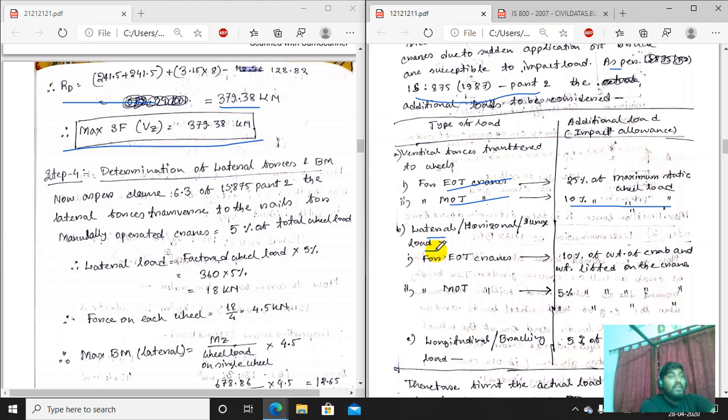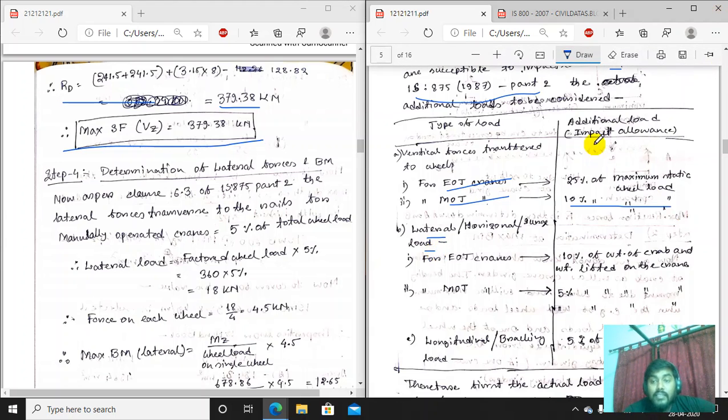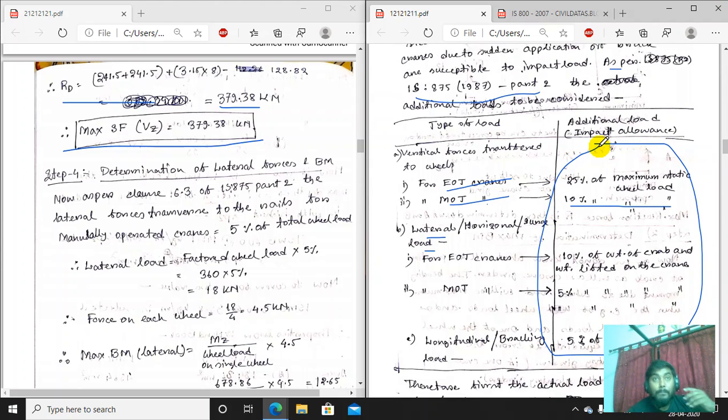So the lateral loads can only be calculated by using the factors, because the lateral load will act as an impact load, like lateral thrust and braking load.